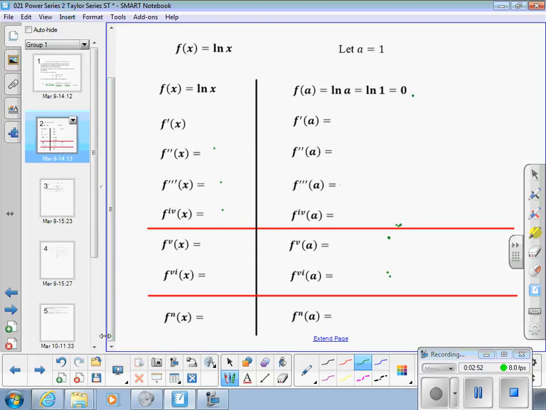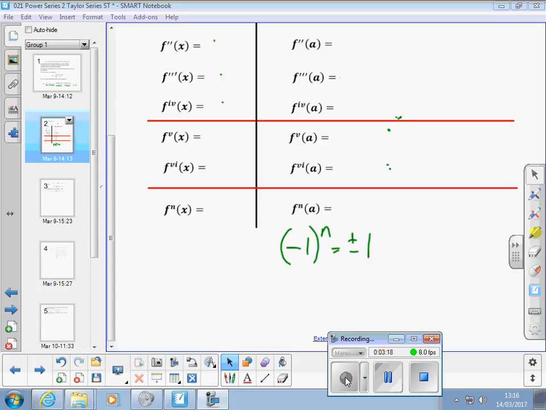And lastly, can you write a general answer for the nth derivative of a here? Can you write it out in general form using n for the nth derivative? Alright? So, 10 minutes or so, see if you can work on that.